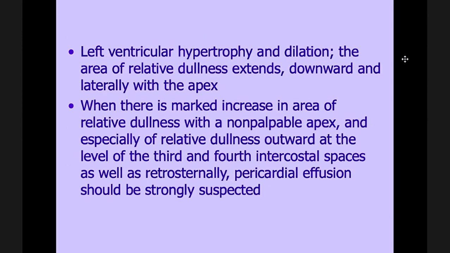If you have left ventricular hypertrophy and dilatation, the area of dullness extends downward and laterally with the apex. When there is marked increase in the area of relative dullness with a non-palpable apex, and especially relative dullness outward at the level of the third and fourth intercostal space, as well as retrosternally, this suggests that your patient has pericardial effusion.